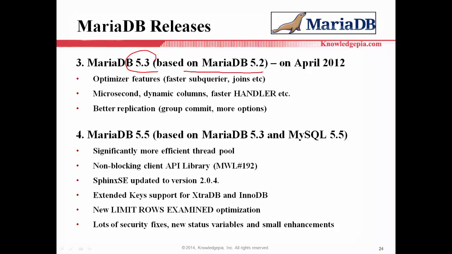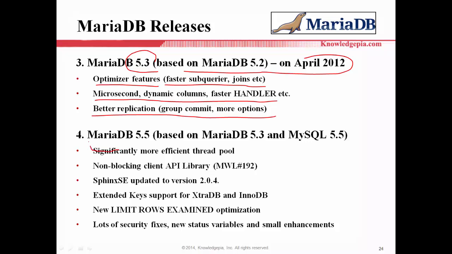MariaDB 5.3, based on MariaDB 5.2, in April 2012. In this version, optimizer features were implemented, meaning faster subquery and join, and microsecond support, dynamic columns, faster handlers, and better replication. And 5.5, based on MariaDB 5.3 and MySQL 5.5.